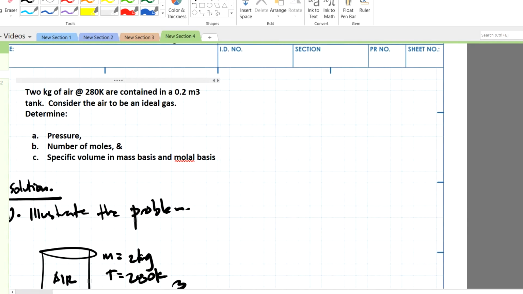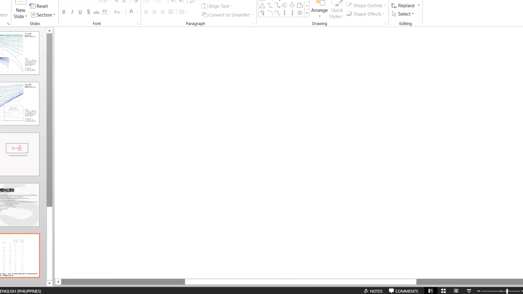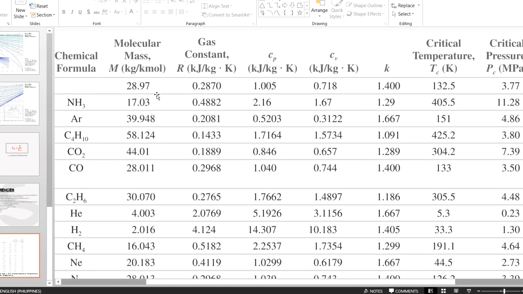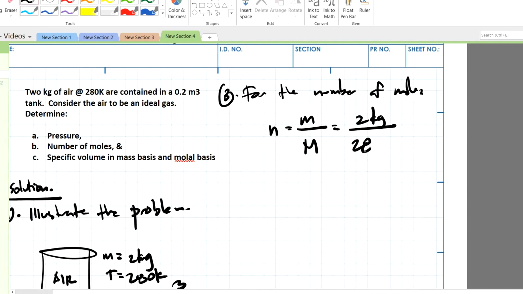Okay, the next is the number of moles. We have n is equal to the mass in kg divided by the molecular weight. The mass is 2 kg, and the molecular weight is 28.97 kg per kmole.